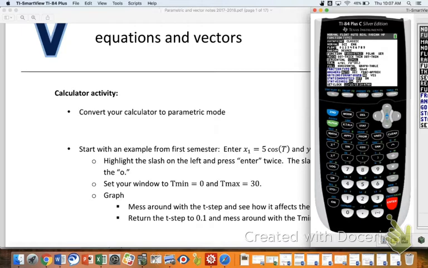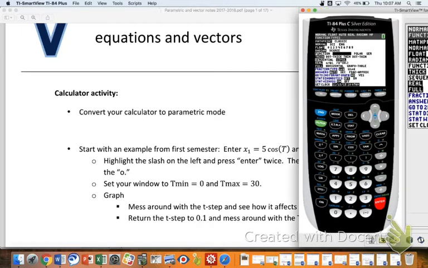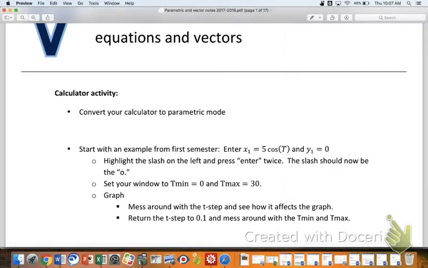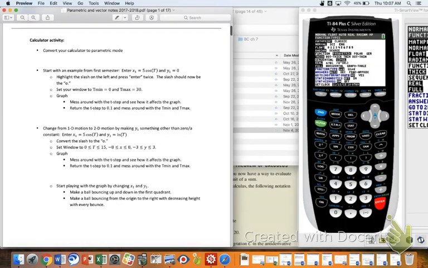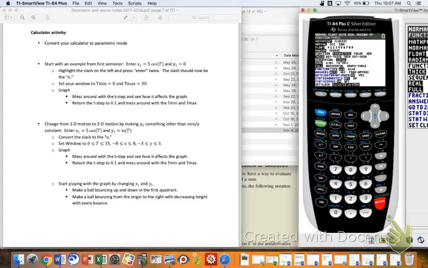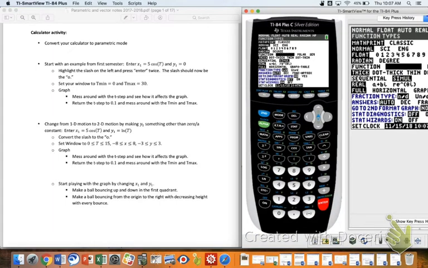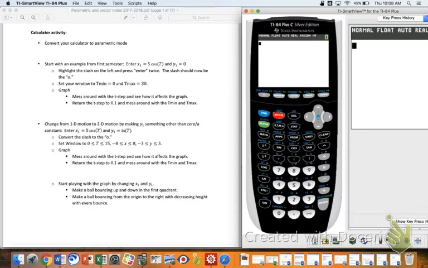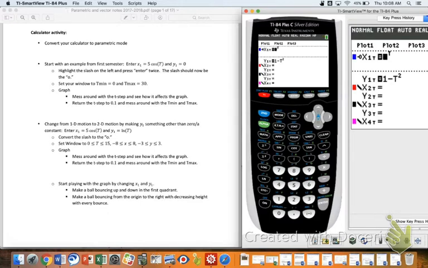I'll maybe just quietly do this up here. See if I can get split screen as best I can. So this time when you hit y equals, you get something you've never probably seen before.